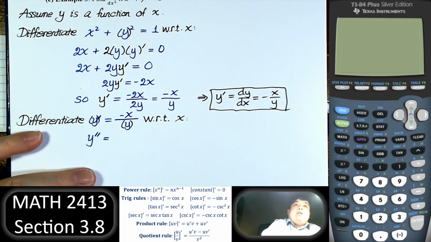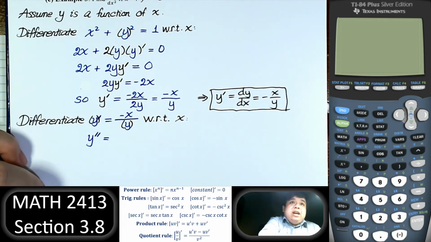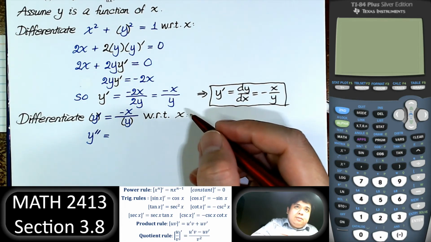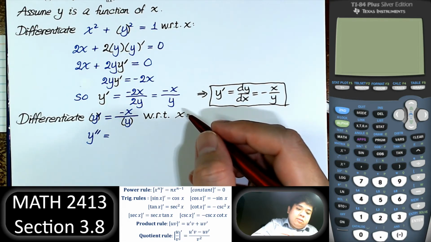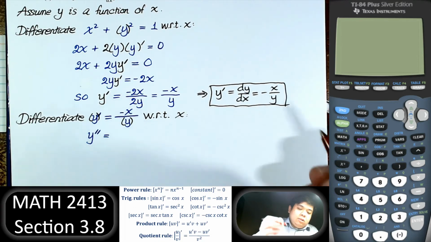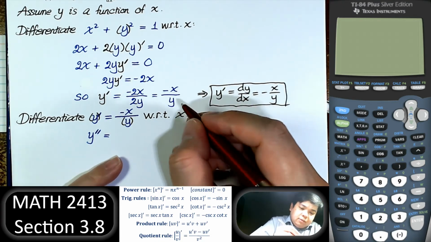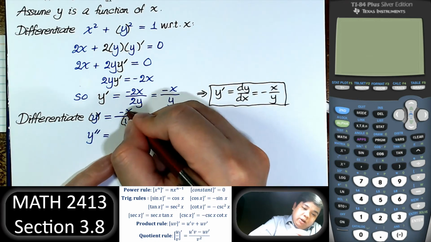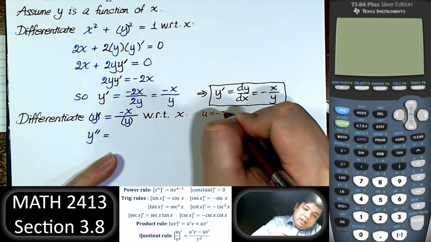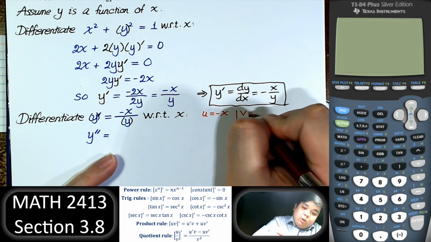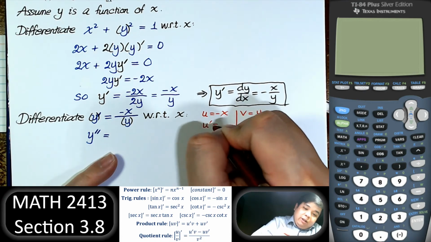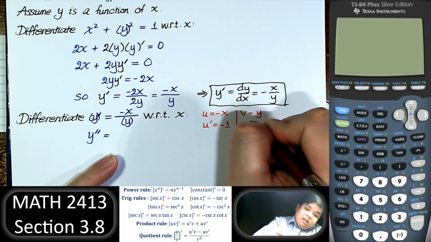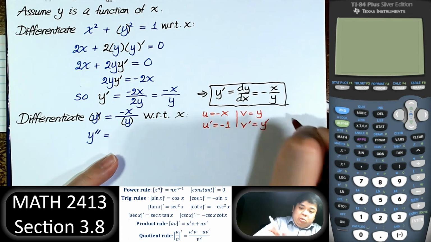Now, what we have on the right hand side is a quotient rule. So u is equal to negative x, v is equal to y, derivative of u is negative 1, derivative of v, we've done a bunch of this already, so that's just y prime.